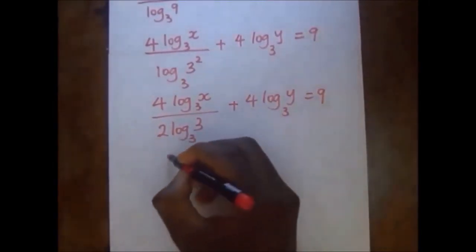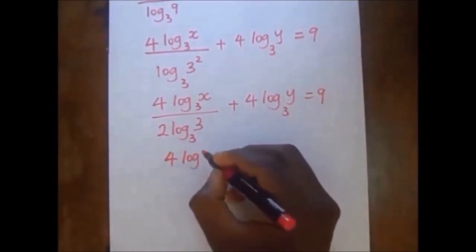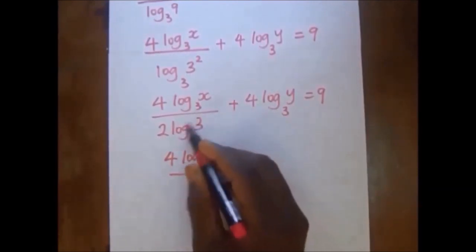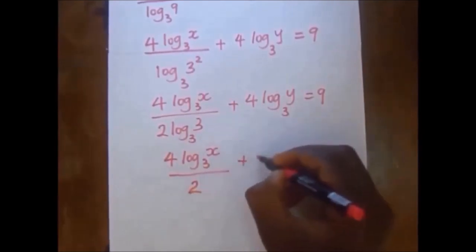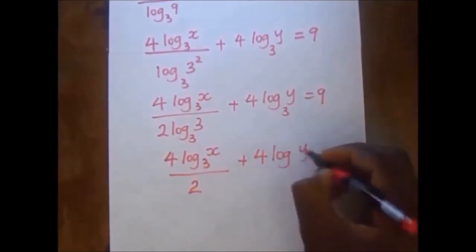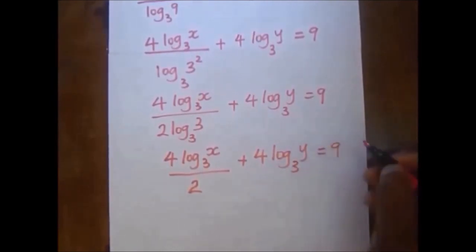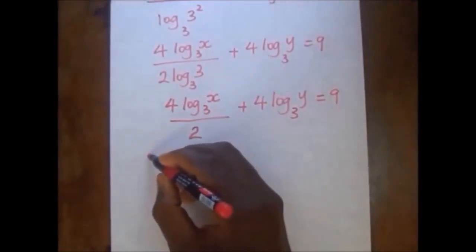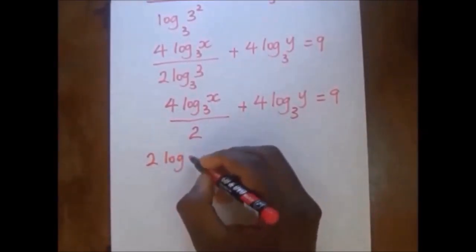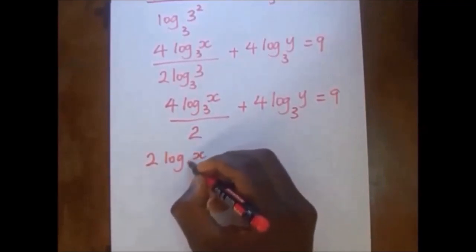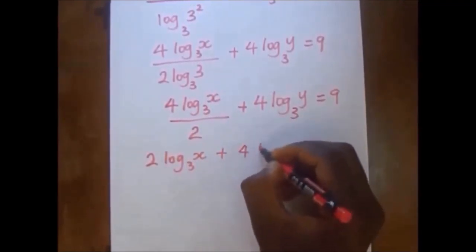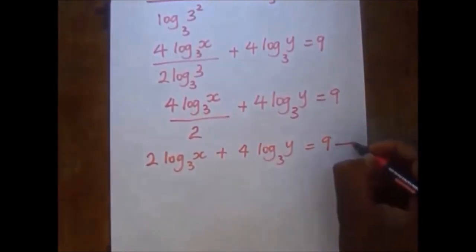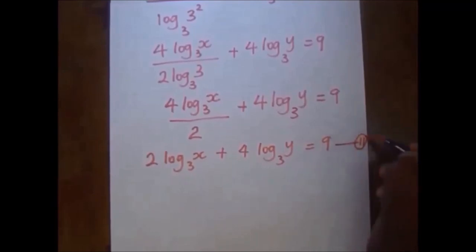The log of 3 base 3 is 1, so it's 1 times 2, which is 2. So it's going to become 2 log x base 3 plus 4 log of y base 3 is equal to 9. That is our second equation.